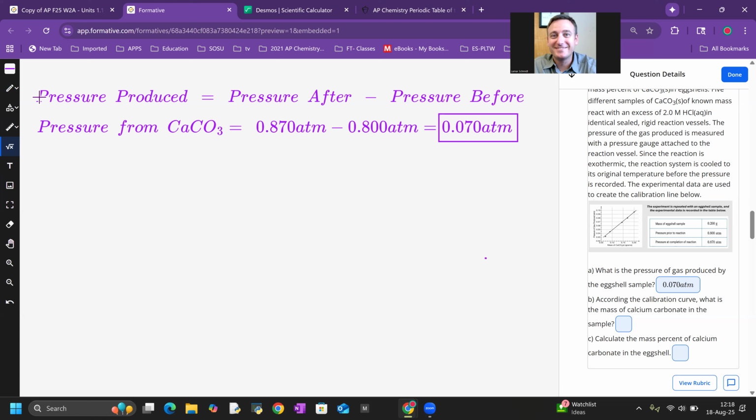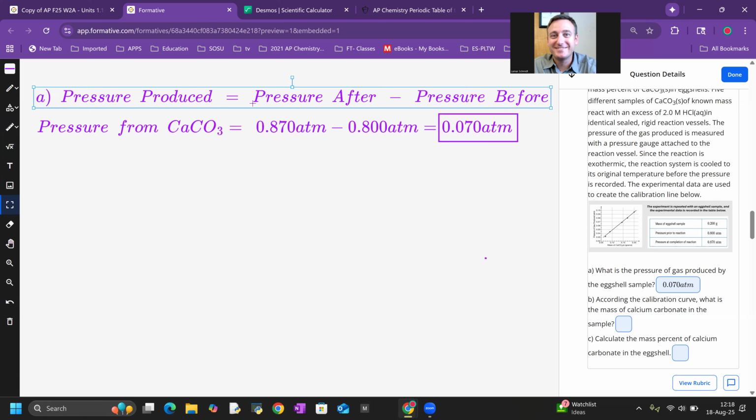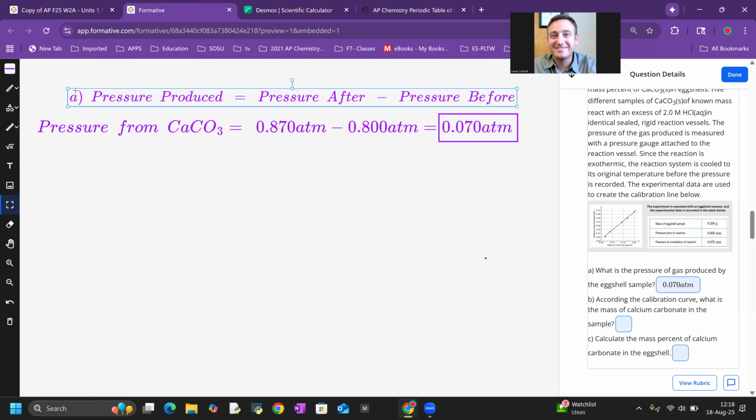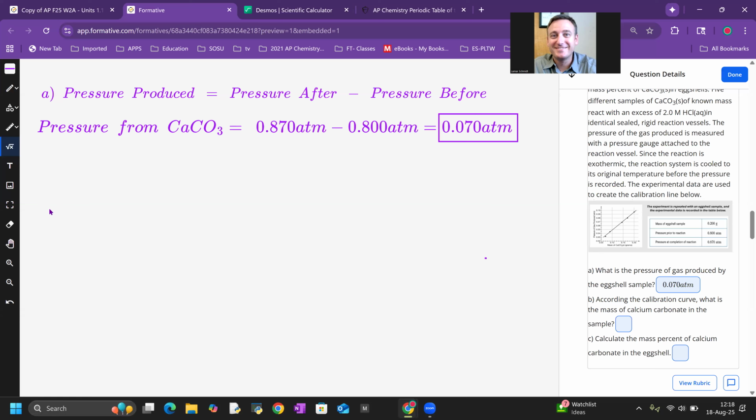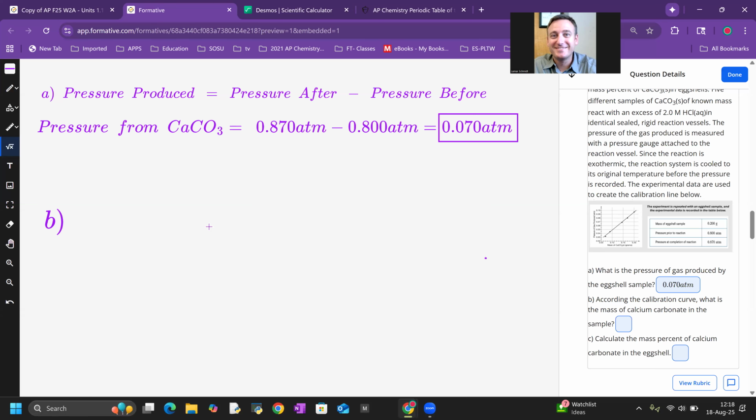And so what that looks like is this right here. Again, I probably need to label my section here. Let me go ahead and label this as A. And then lastly, we need to go to B. And here I'm going to show a picture of what this looks like, just so that we can see where I'm getting these values.